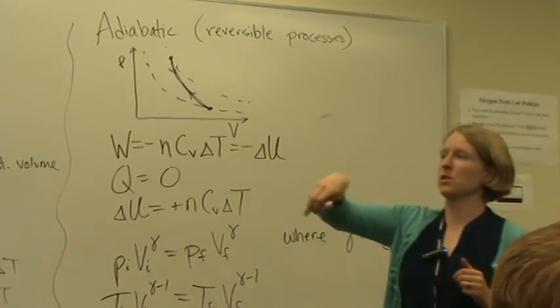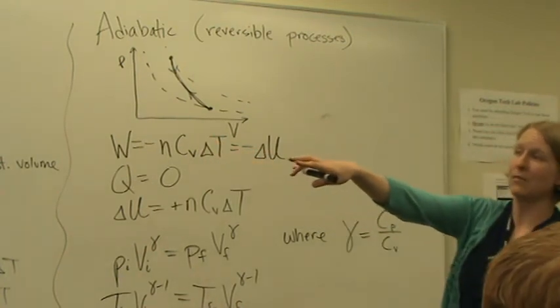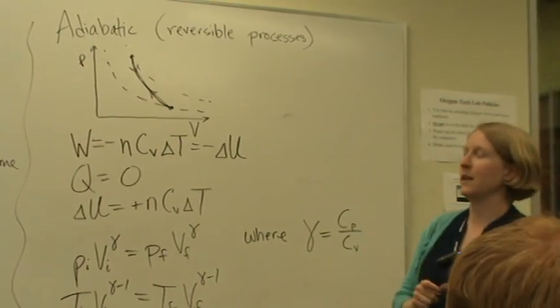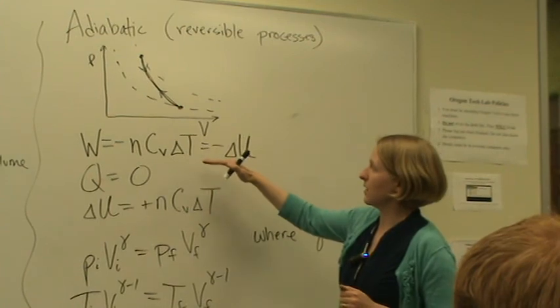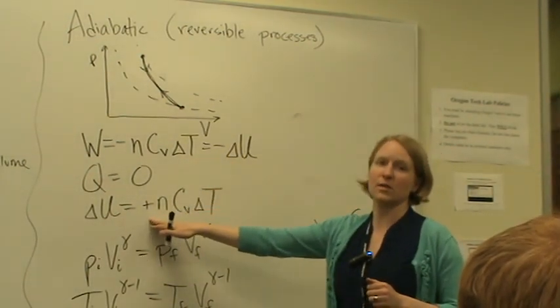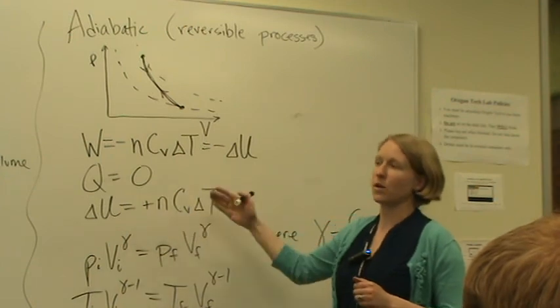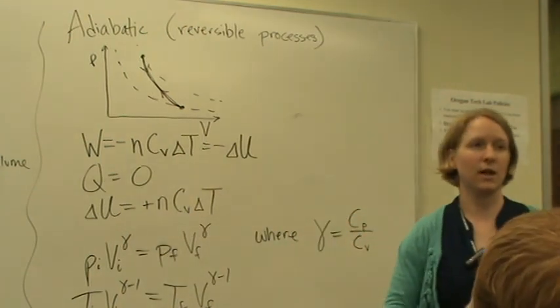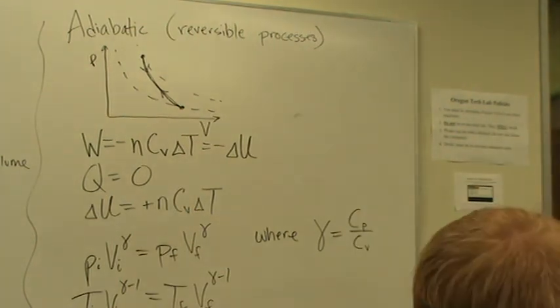And so that information tells us that the answer would have to be D, because in C work is positive. And then just verifying, we can see that whatever work is, delta U is the opposite of it. And so if work is negative, delta U is positive. Yes, that's what's in answer D. So that's the correct answer.